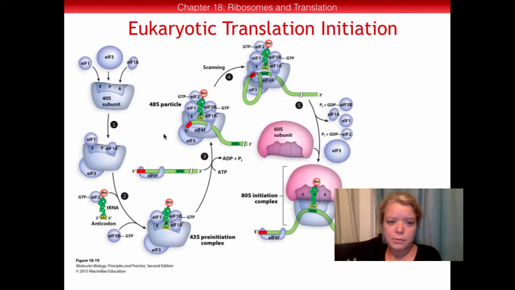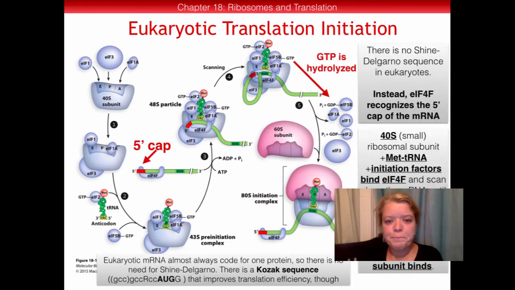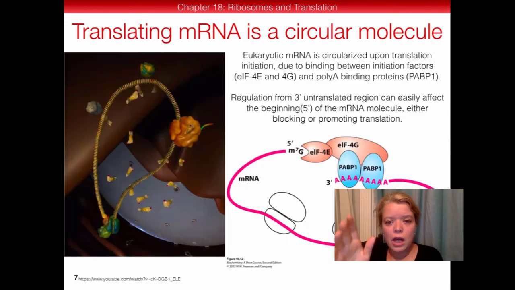All of these diagrams really kind of make it seem like it's just a string and the ribosomes kind of roll along it. However, in eukaryotes, the mRNA is always circularized. That's just one of the ways to protect the mRNA from the RNases that are lurking in the cytoplasm, ready to chew up any bad RNA that they can encounter, which is usually virus.